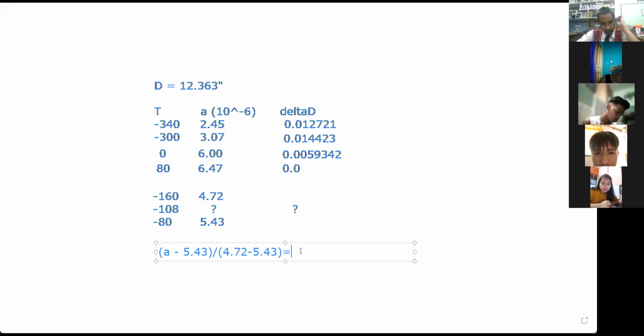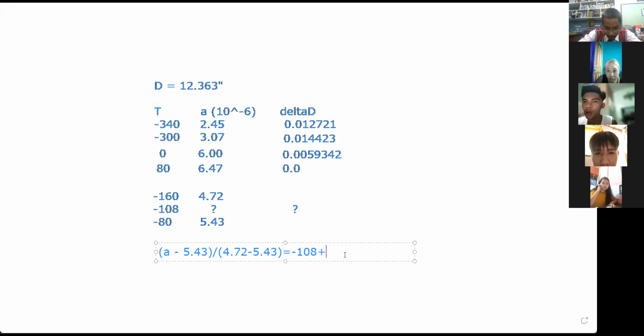So let us therefore use negative 108 minus negative, that is minus, it will become positive because minus will become positive. Minus what? Lower, because here we use the lower part.